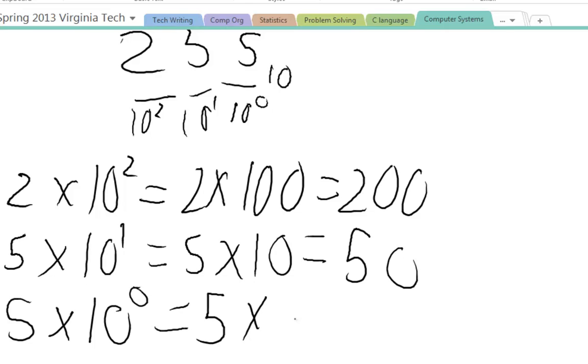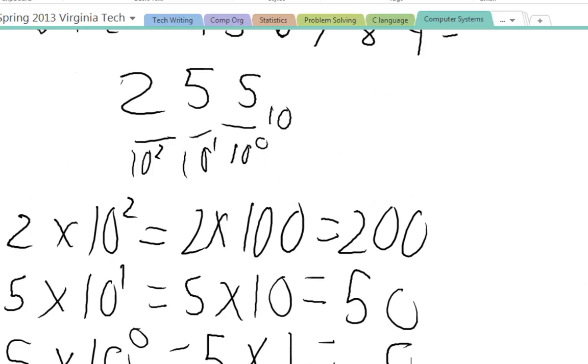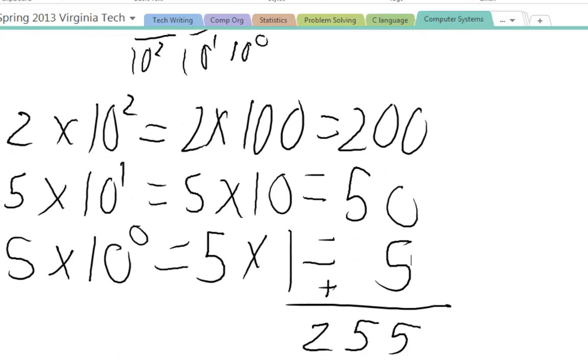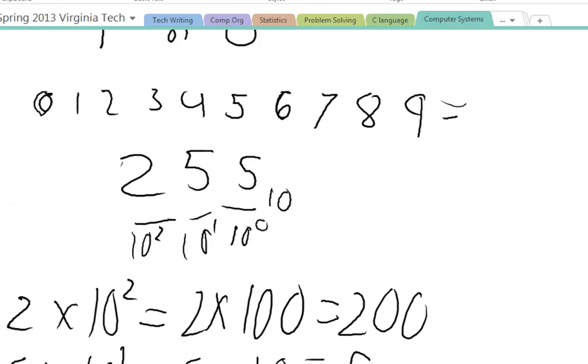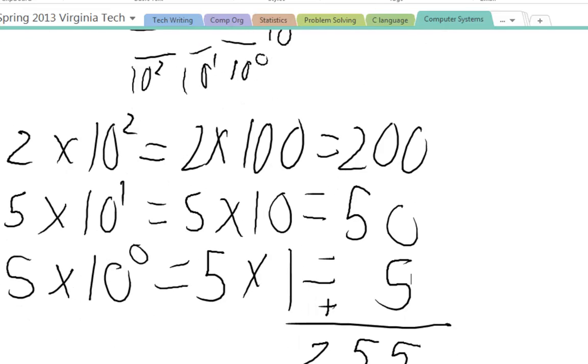If you didn't know that, I hope you did. So I have 5 times 1, and that gives me 250 and 5. And again, to come up with 255, I just add them up, and that's how we deal with the decimal system, in, I guess, overall language, because mathematics is the most exact language, and you could consider math to be a language.